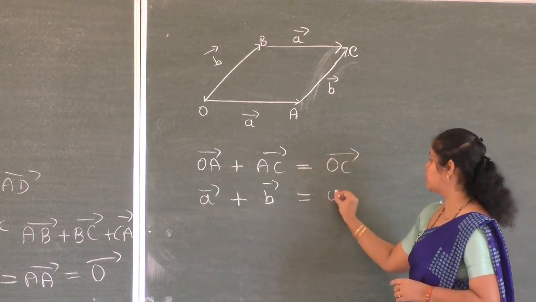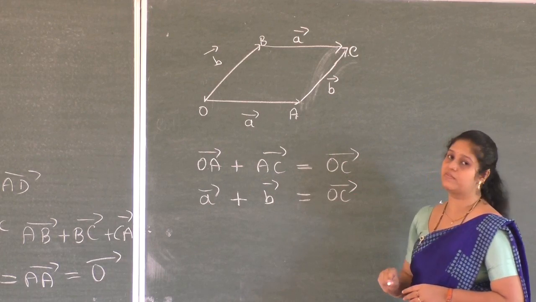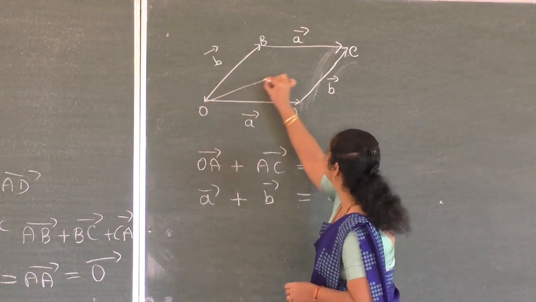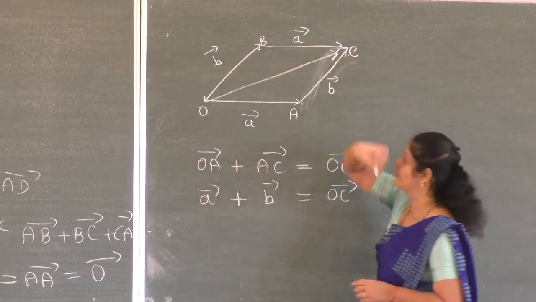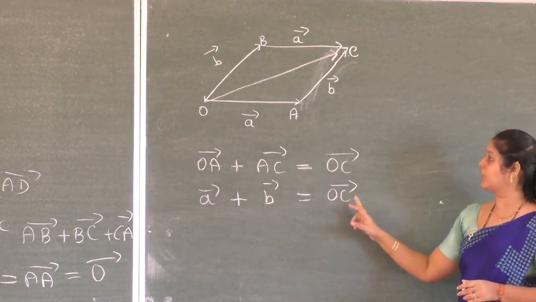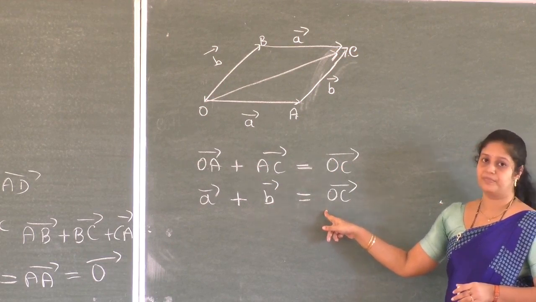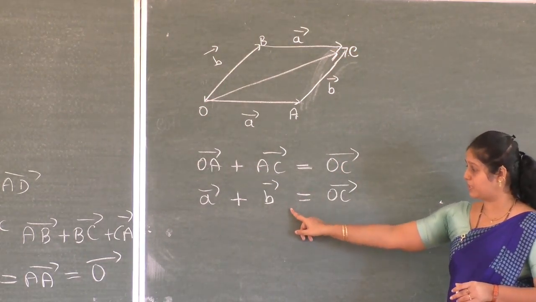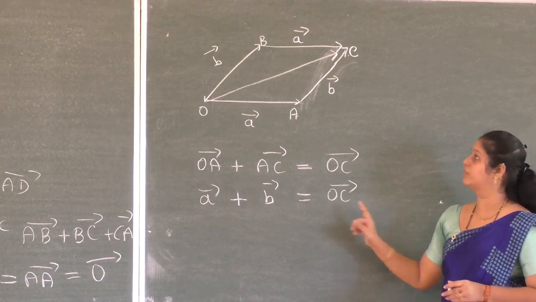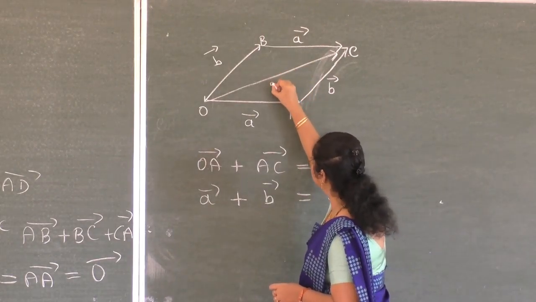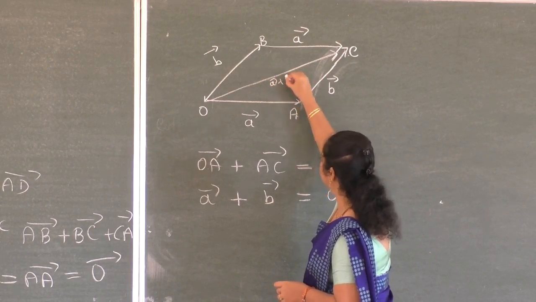That means vector OC is vector A plus vector B. By applying the triangle of vector addition here, we got the sum, that is vector A plus vector B is equal to vector OC.